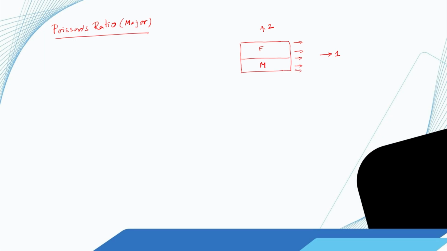Now, if we apply a load in direction 1, then under this loading the deformed shape would look something like this. It will extend in direction 1, and due to the Poisson's effect it is going to contract in direction 2.